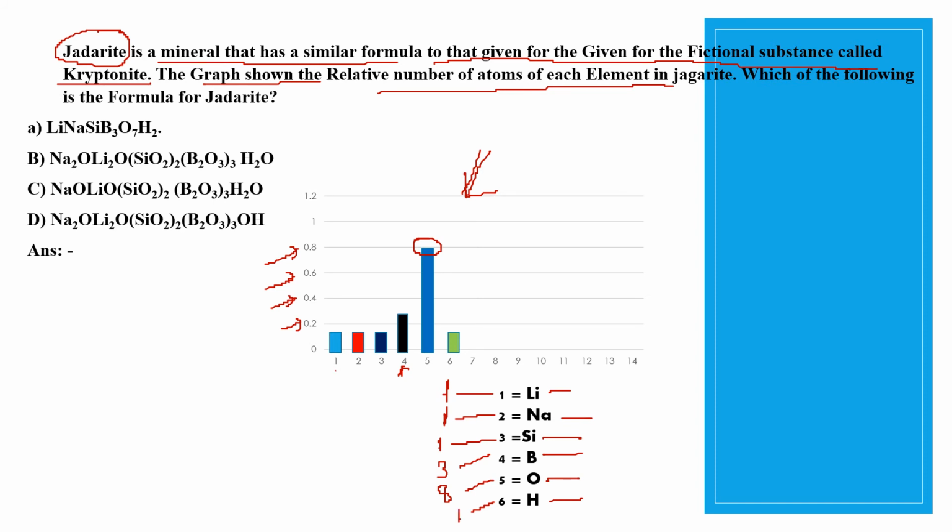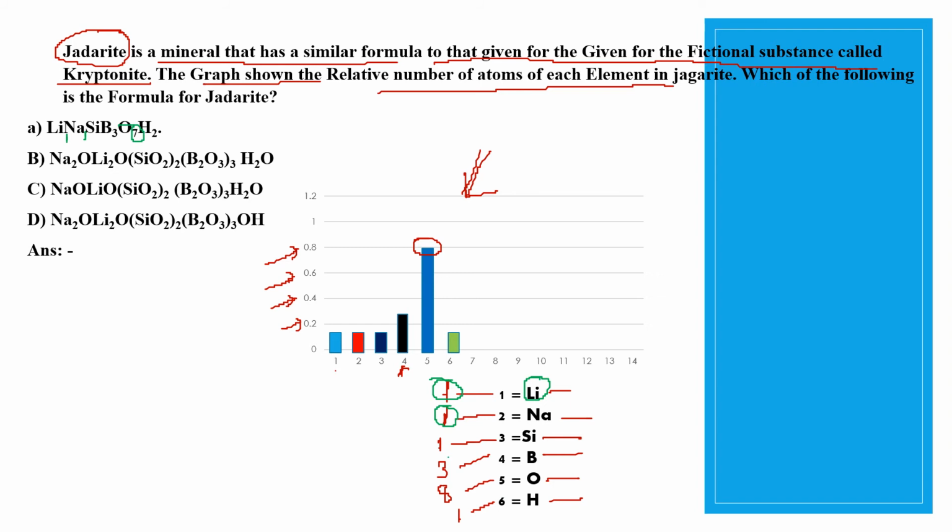So if you multiply, based on this we'll identify how many lithiums there are. Only one lithium. And how many sodiums? Sodium is also 1. So 1 and 1. How many borons are there? Here 3. Oxygen is 8, but here 7.